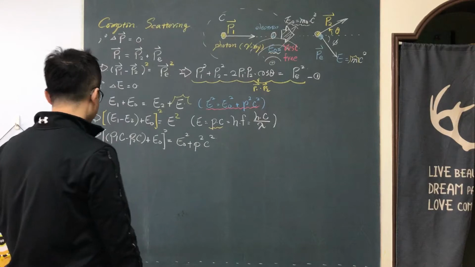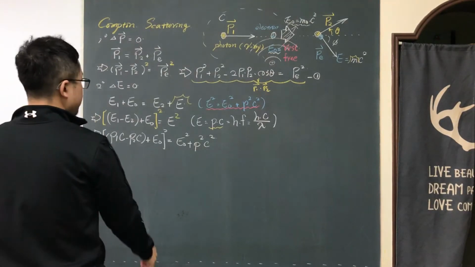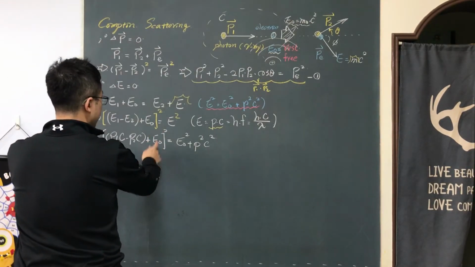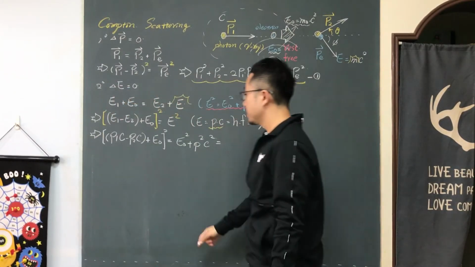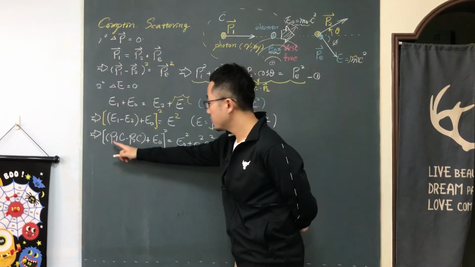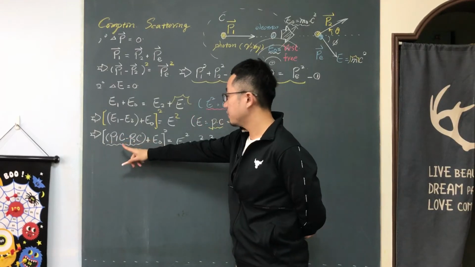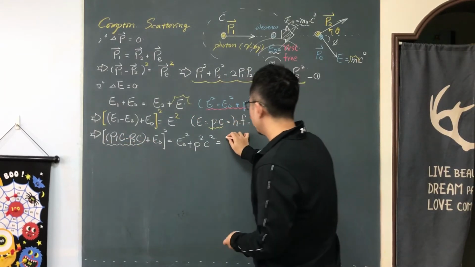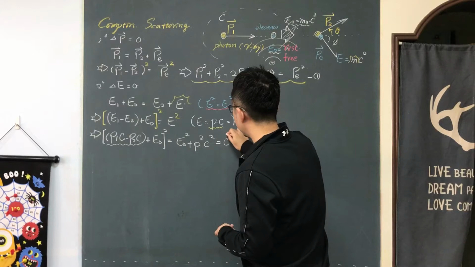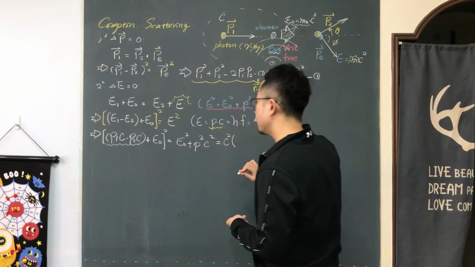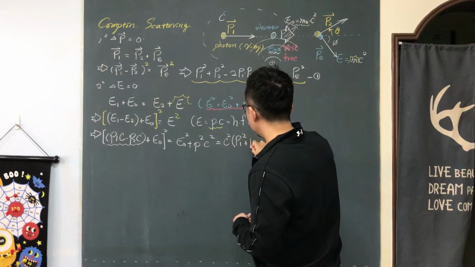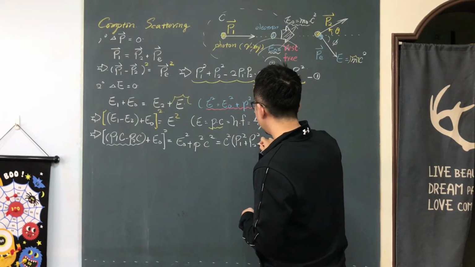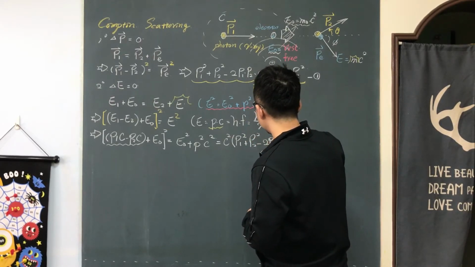Let's keep doing it. The hardest part is you are going to expand all these terms on the right hand side. Okay, first you're going to square the first term, which is going to be C squared times P1 squared plus P2 squared minus 2 P1 P2.